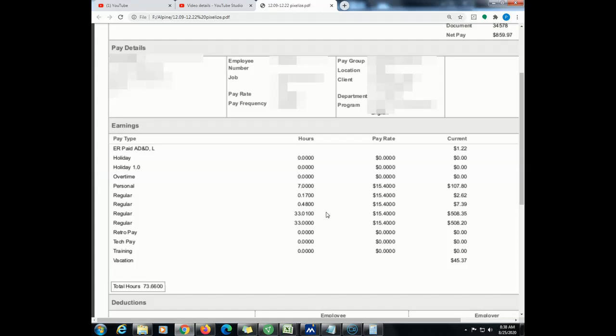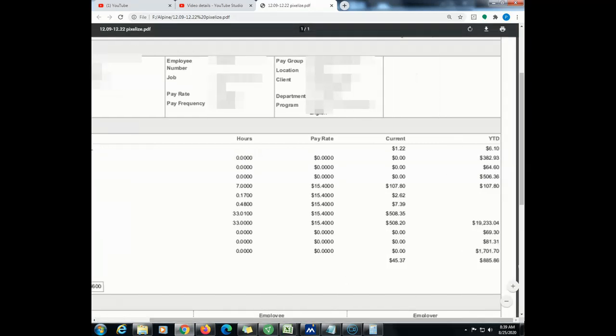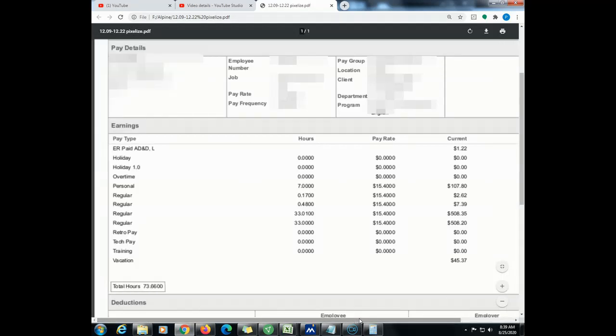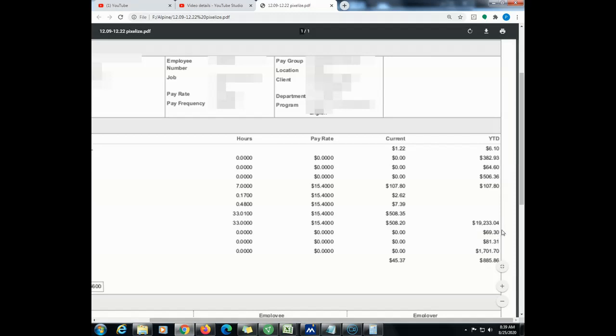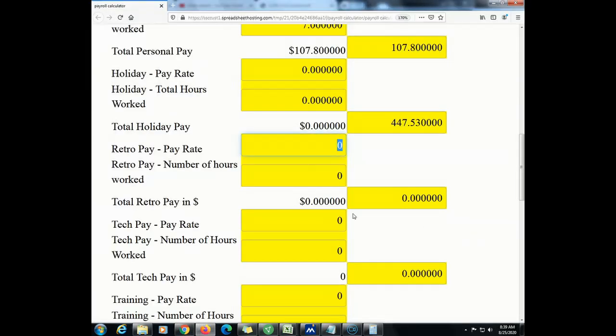You will be paid for your difference. Any difference in pay rate from your last pay stub will be carried forward on this pay stub as your retro pay. So let's say your retro pay is $69.30 carried forward.